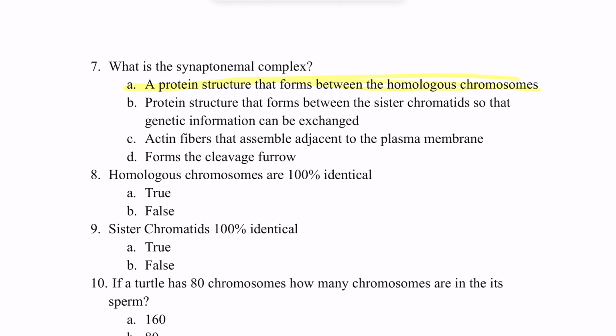B is not correct because it's saying sister chromatids, and nothing happens between sister chromatids. All the exchanging of material is going to be through your homologous chromosomes. So that's why B is wrong. Actin filaments, that doesn't have much to do with the synaptonemal complex. And then cleavage furrow, that's going to deal with cytokinesis. So again, not the synaptonemal complex.